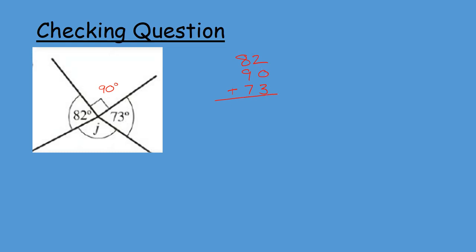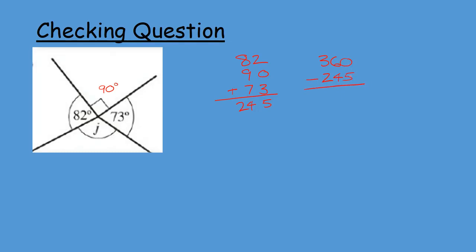So we've got 2 plus 0 is 2, plus 3 is 5. We've got 8 plus 9 is 17, plus another 7 is 24. So we're going to have 4, carry that 2 over here. Then we know our total must be 360. I'm going to take 245 away from that.